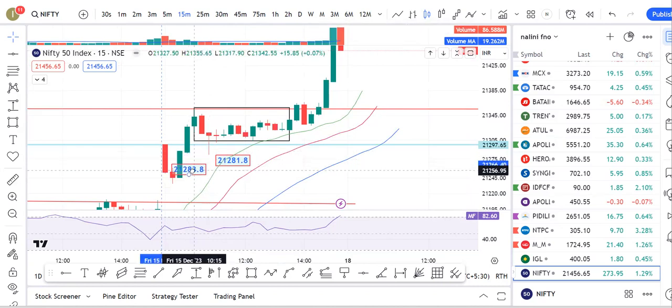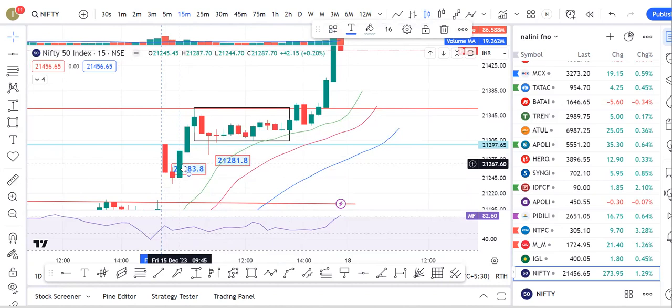Why am I saying liquidity sweep? It is not clearly visible to the eye, but on close observation, you can make out the liquidity sweep because here, this is the buy candle. You can see this buy candle making a low of, note down please, 21,283.8.